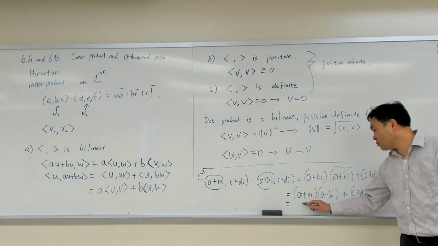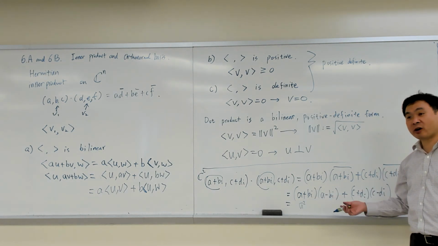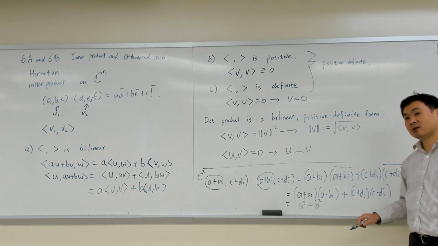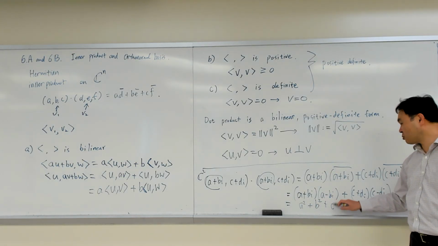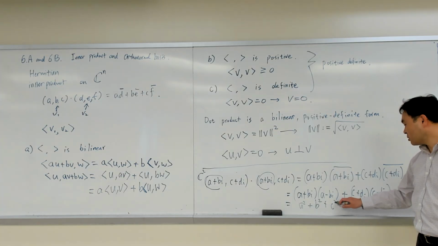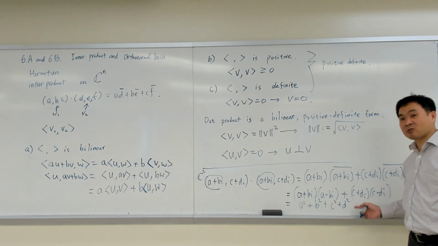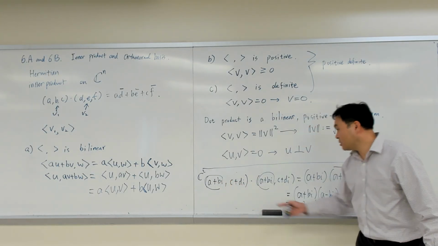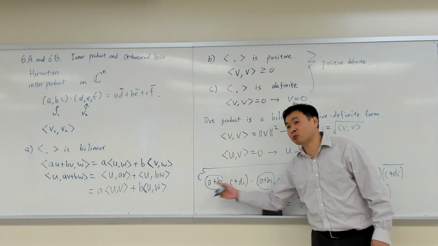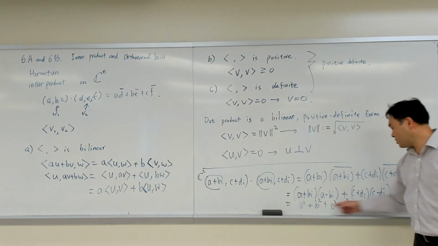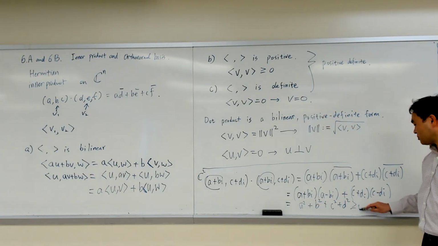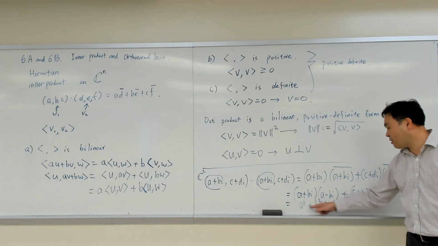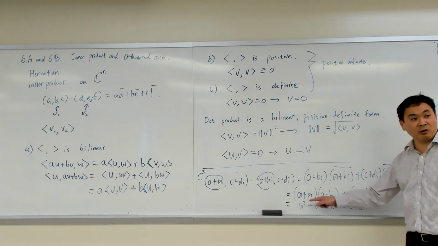So it's A squared minus b squared i squared, but i squared is -1, so you end up with A squared plus b squared. Same thing here: C squared plus D squared. Oh, look. A, B, C, D themselves are real numbers. Although A plus bi was a complex number, A and B and C and D are real numbers. So this is definitely non-negative, and the only time that this is going to be equal to 0 is when every one of A, B, C, D is 0.